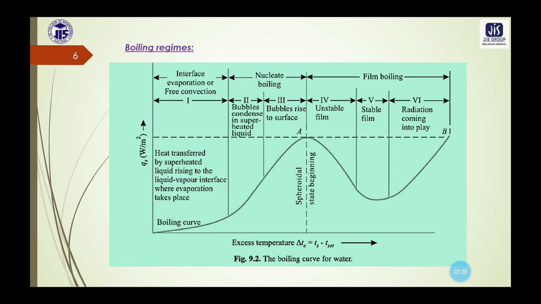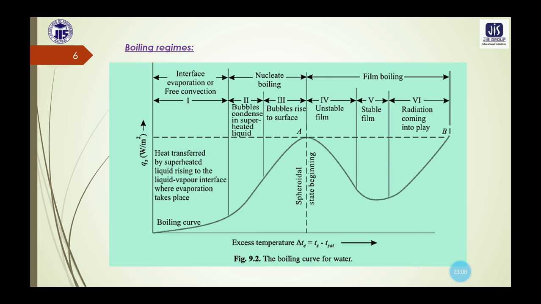Now within the excess temperature range of 50 degrees centigrade to 150 degrees centigrade, these conditions oscillate between nucleate and film boiling, and this phase is referred to as transition boiling or partial film boiling or unstable film boiling, which is denoted here as the unstable film under the film boiling.